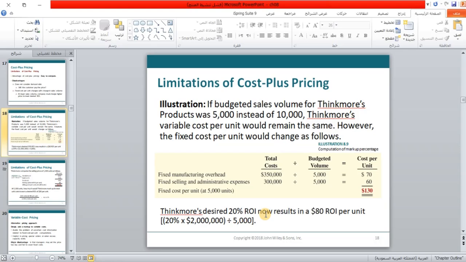Limitation of cost plus pricing. If budgeted sales volume was 5,000 instead of 10,000, then in the previous exercise, we now assume that we will produce only 5,000 units. Variable cost per unit would remain the same. However, the fixed cost per unit would change as follows.